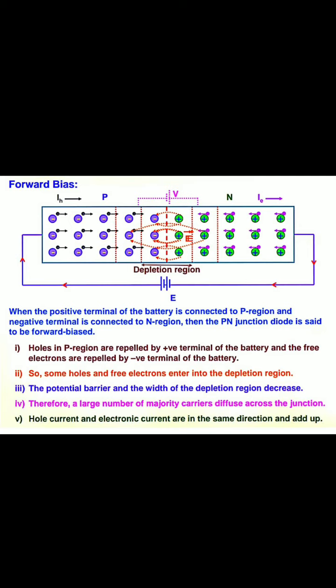At 0.3 we get a little current. At 0.4 volt applied externally, the diffusion current increases. But as we increase the potential, the current increases gradually, not linearly. It increases exponentially. That's why the PN junction diode is called a non-ohmic conductor. I hope it is clear.